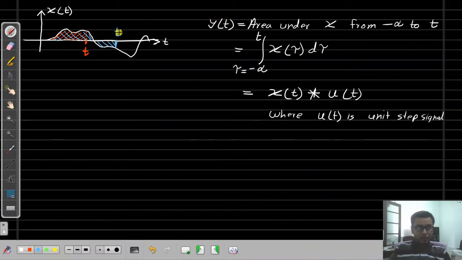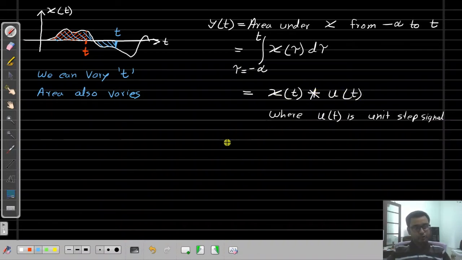So you can vary this time t, and therefore the area will also vary. And we can plot the area as a function of time t. That plot, that area as a function of time is given as x star u (t).